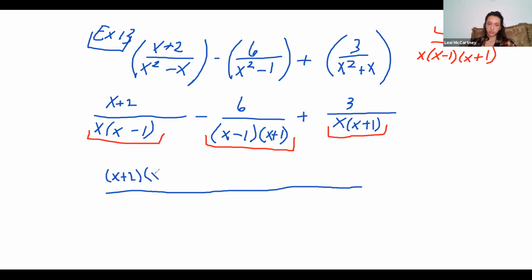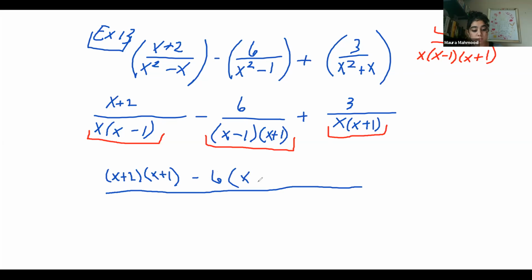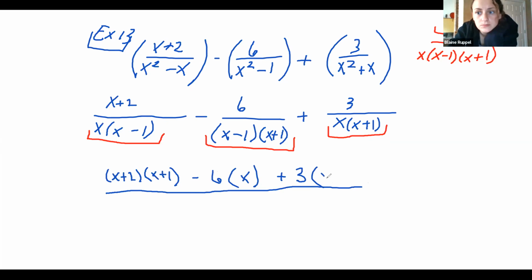Excellent. Okay. Middle piece. We have X minus 1, X plus 1. What's the only piece missing? X. All right. And the last portion, we have an X and an X plus 1. So what piece is missing? X minus 1.